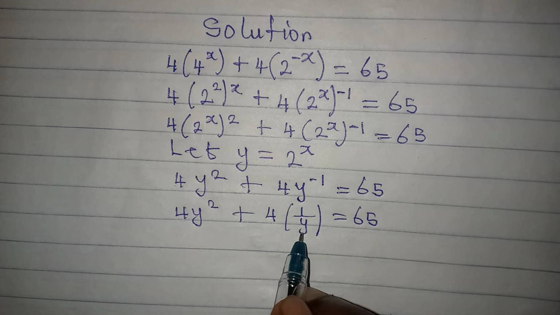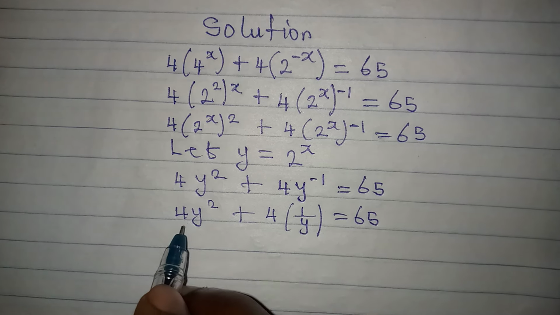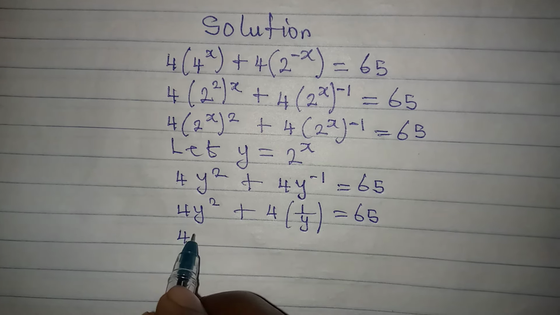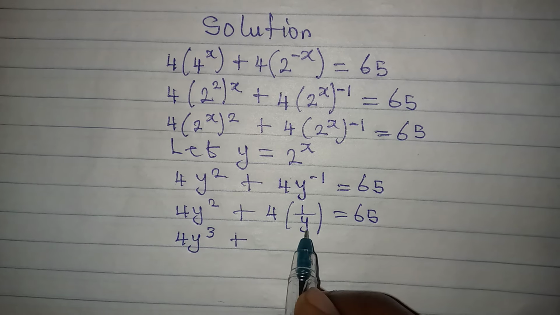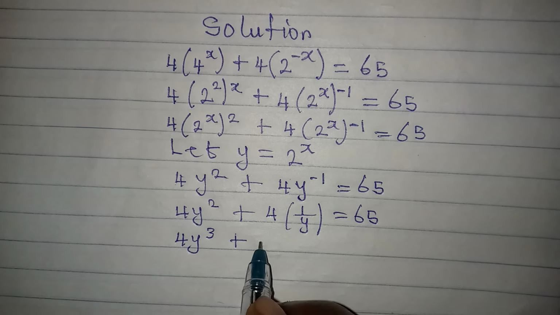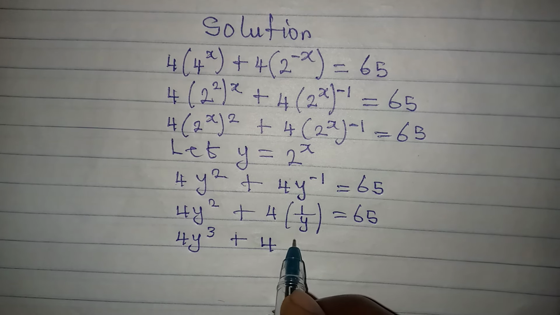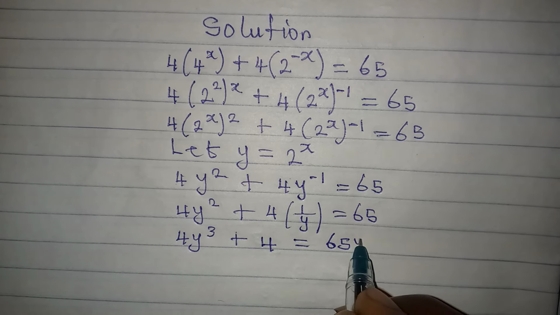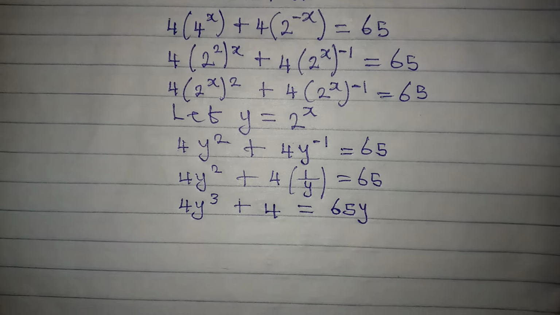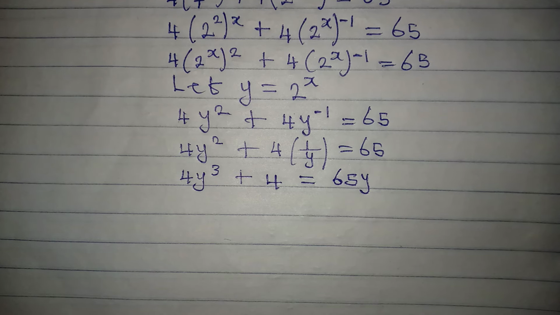Now, what should I do again? Clear out the fraction. So it will be y times the whole of this. That will give us 4y cubed. Then plus, here again, y will cancel itself. So we're going to have 4. And this will be equal to 65 times y. And that will be 65y. Now, what should I do?